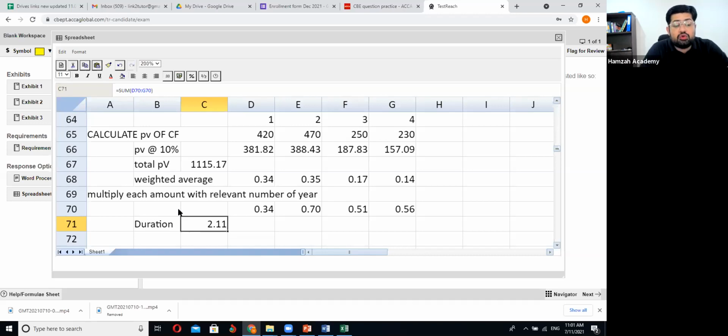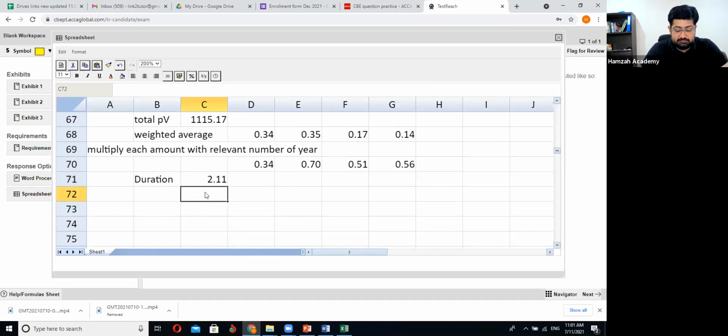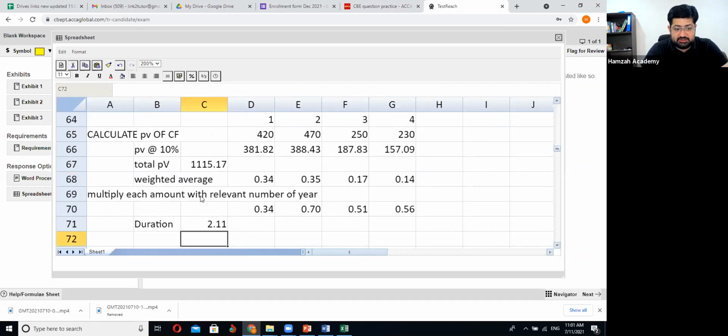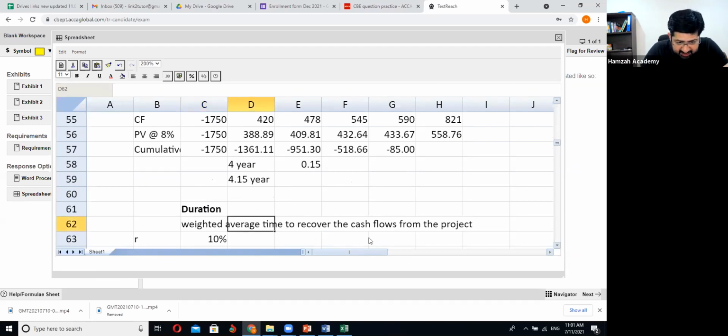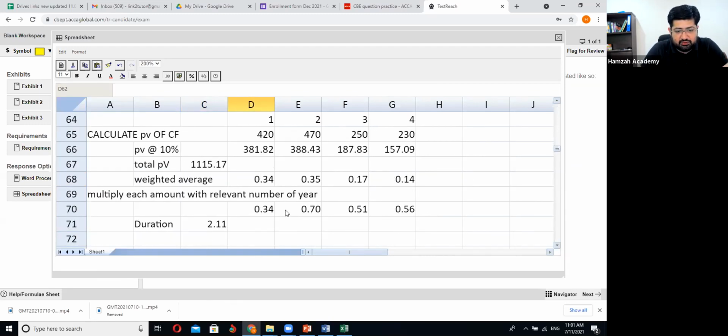Now, how to interpret duration? We said it is the weighted average time to recover the cash flow from the project. How to interpret it?